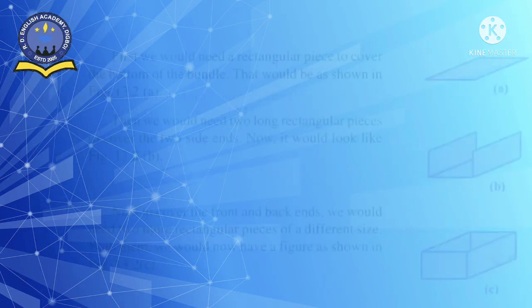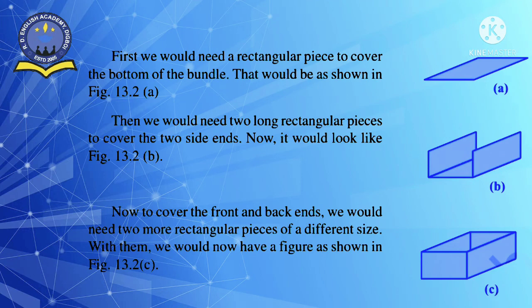As you see here, first we would need a rectangular piece to cover the bottom of the bundle. That means first of all we have to take a piece for the bottom. Is it clear? Then the second one, we would need two long rectangular pieces to cover the two side ends.